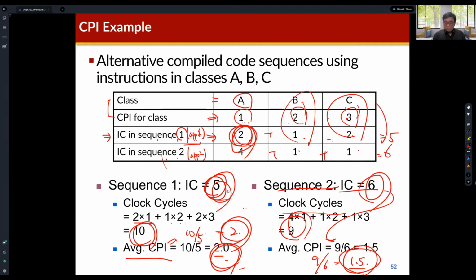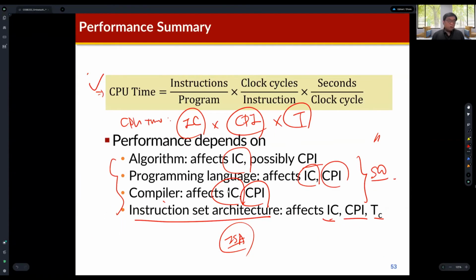In conclusion, for the performance summary, we can calculate the CPU time as instruction count multiplied by CPI and multiplied by the clock period, the clock cycle time.